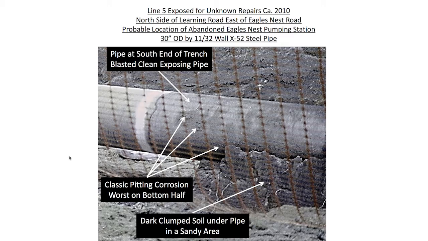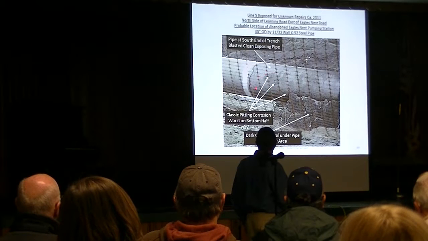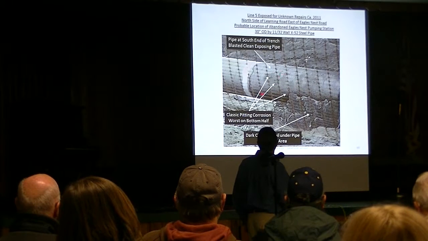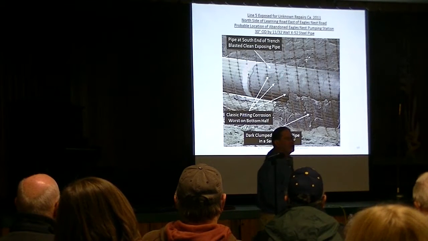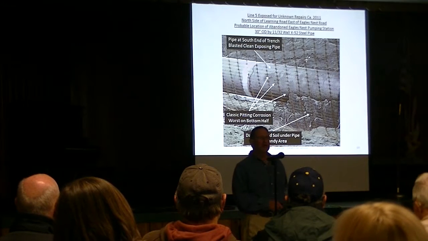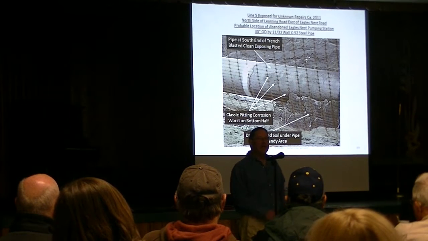But what we see is a part of the pipe that they've dug up for some reason, and what we see here is exactly what a corrosion expert would expect to see. That there's a bunch of pitting corrosion on this pipe. This pipe is not in the condition, I think somebody has said, good as new, like new.